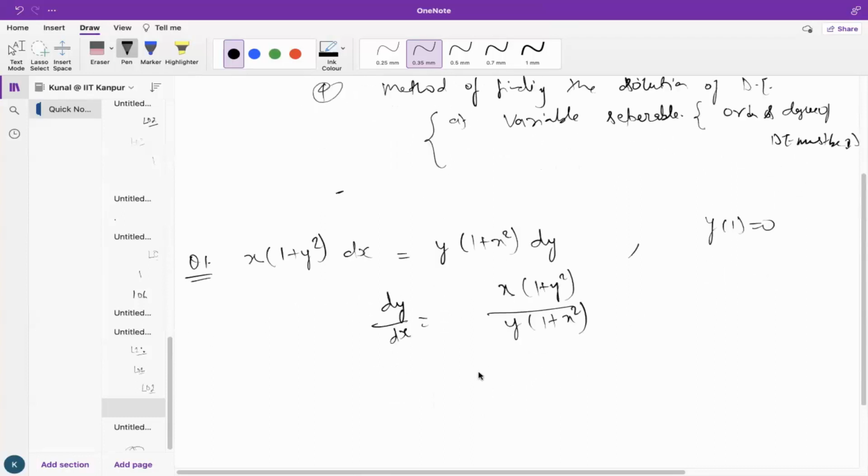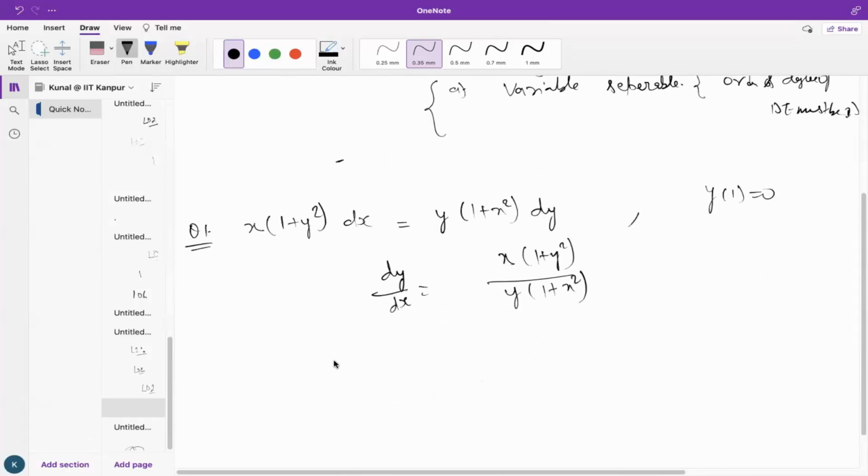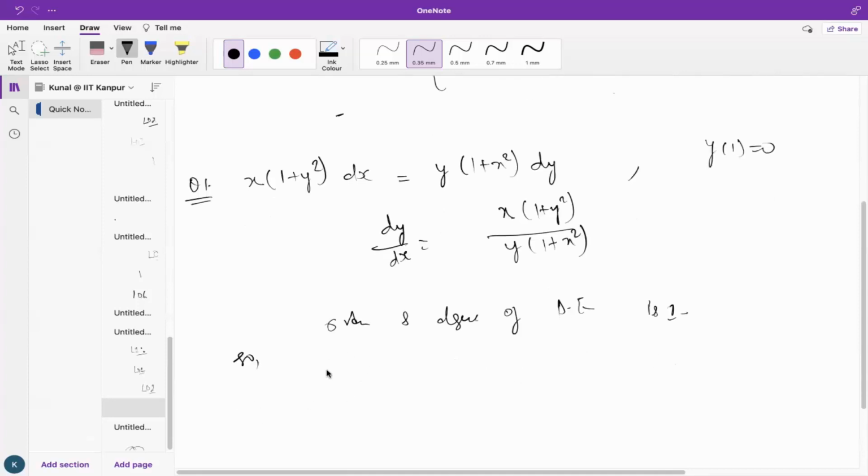And now what you have to do: here it's clear that the order and degree of the given differential equation is 1, so we can apply the variable separable method.